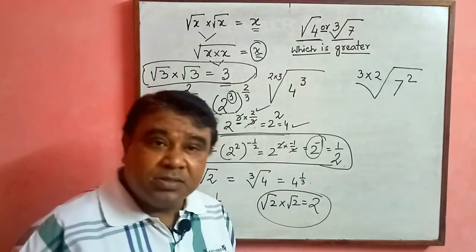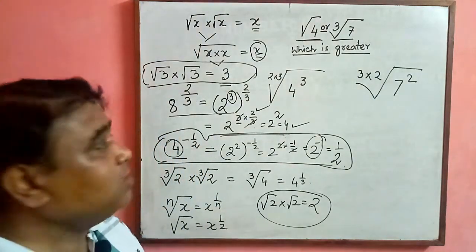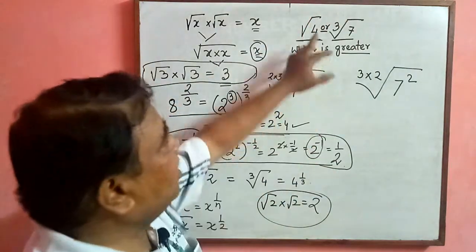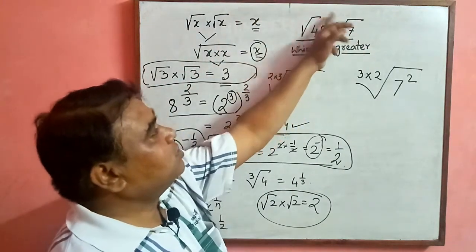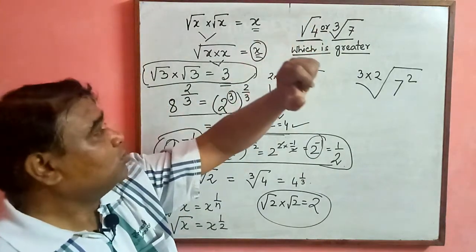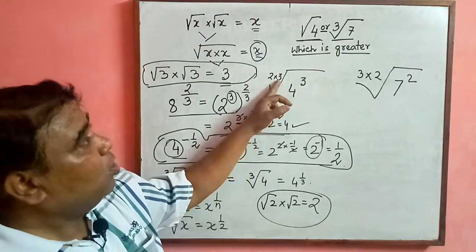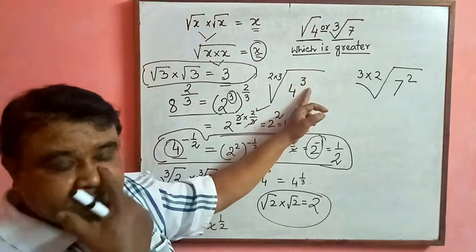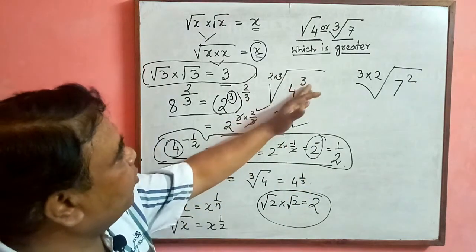To compare any surds, we have to go with the same surds. How to make these two surds same? Let me tell you. Here nothing is visible means 2 is here, 3 is here. Take LCM of 2, 3, it is 6. So I have to make it 6th root. To make it 6, we have to multiply by 3. If we multiply by 3, then the exponent of this term will also be 3. So if I write in exponential form, 1 upon 2 is 3 upon 6.